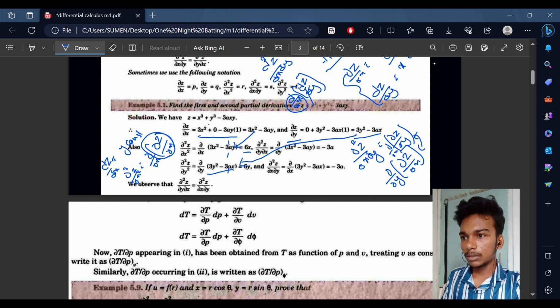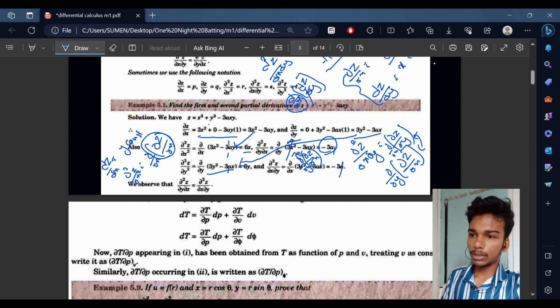Now I am differentiating the output of dz by dx with respect to dou y. The x cube term is constant, so it is 0. Differentiating 3ay with respect to y gives minus 3a. See, the same thing came out. We observed that dou square z by dou y dou x equals dou square z by dou x dou y.